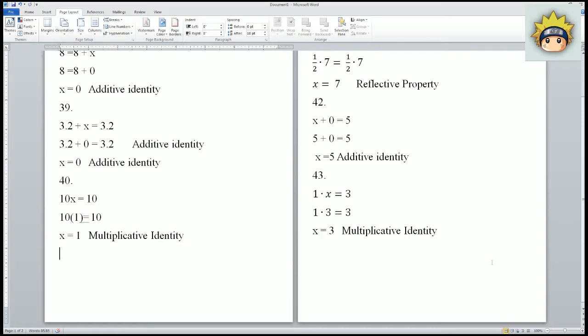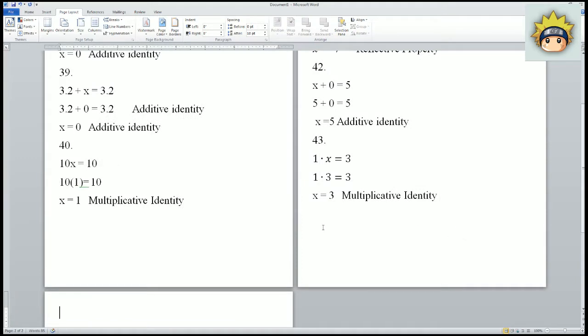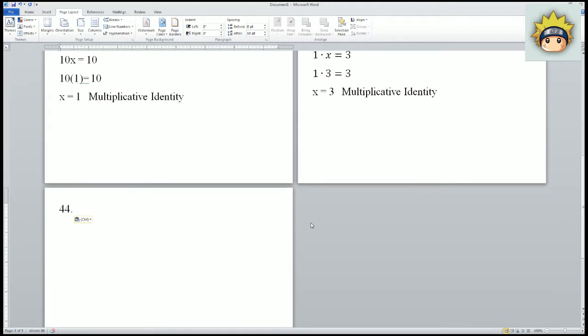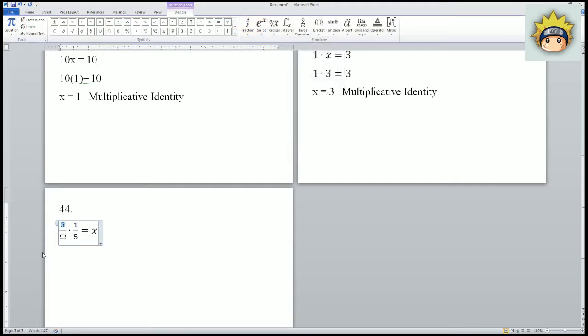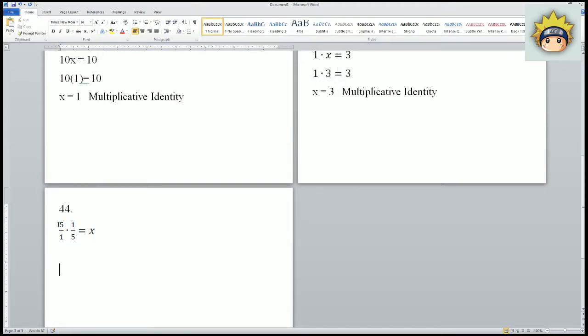44. 5 times 1 over 5 equals 2x. You can treat this as a fraction if you want. Multiplying across, you get the value of x equals 1.